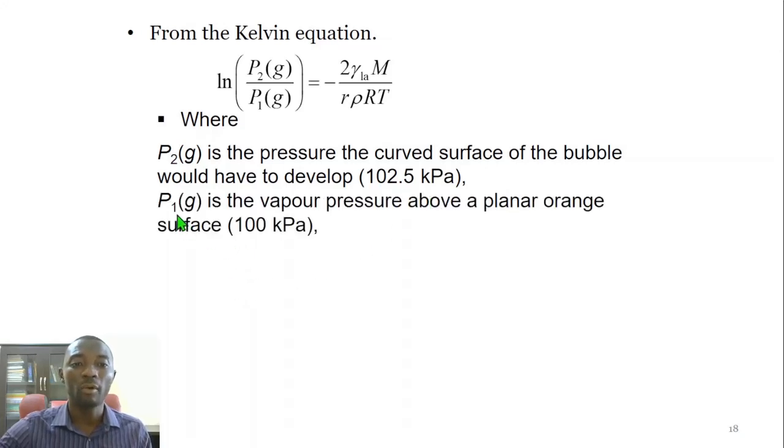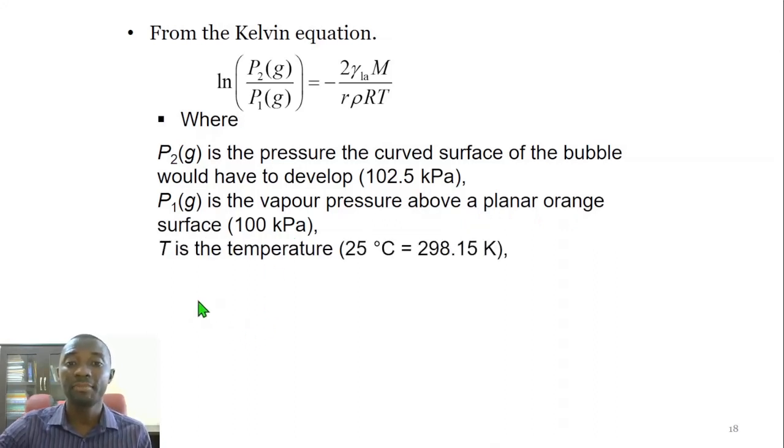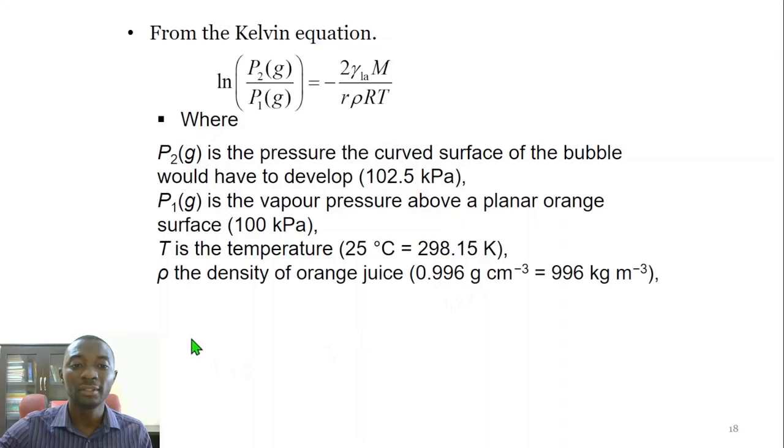P sub 1 of G is the vapor pressure above a planar orange juice surface, which is 100 kilopascal. T is the temperature, which is 25 degrees C, equal to 298.15 Kelvin. Rho is the density of the orange juice, 0.996 gram per cm cube, equal to 996 kilogram per meter cube.